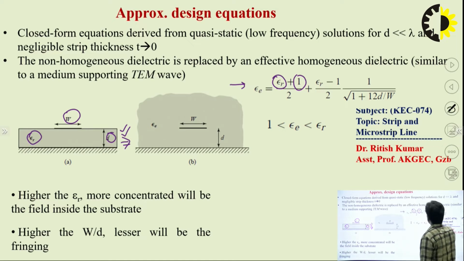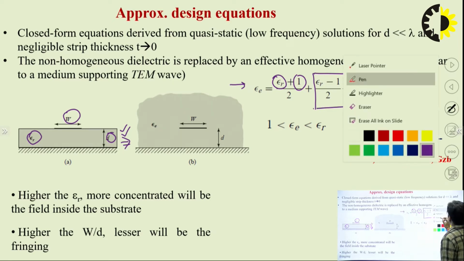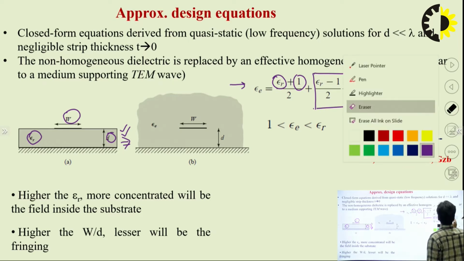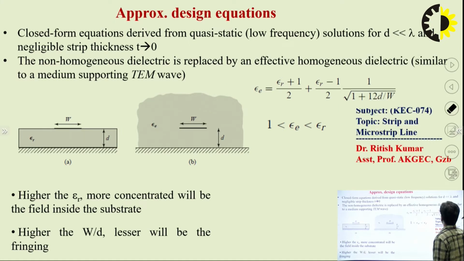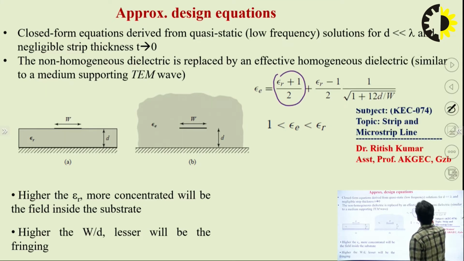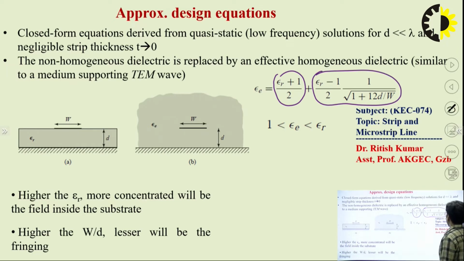Now as you can see here, we can divide this effective relative permittivity in two sections. This is the first section and this one is the second section. Superficially, this value is very low.